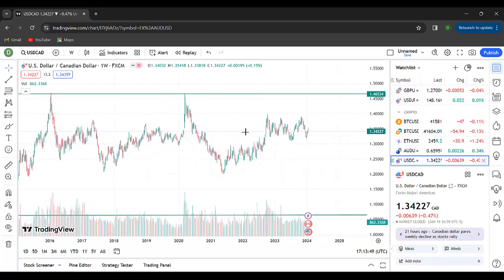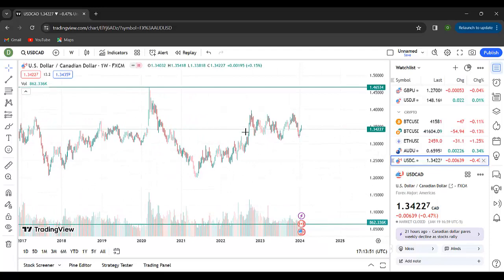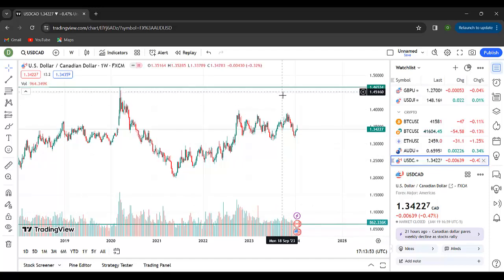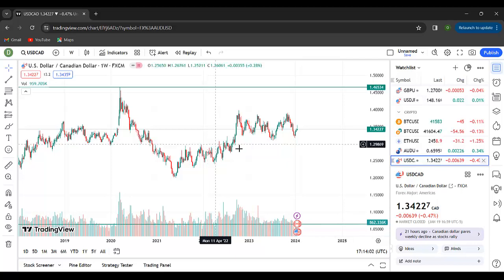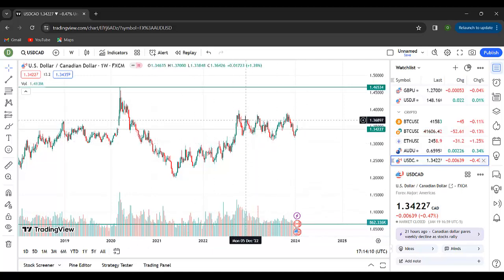But if you also take a look at it here, it looks more like price would come here before it comes down here, right? This zone is quite strong, so that's why price is consolidating around it, as well as this zone.